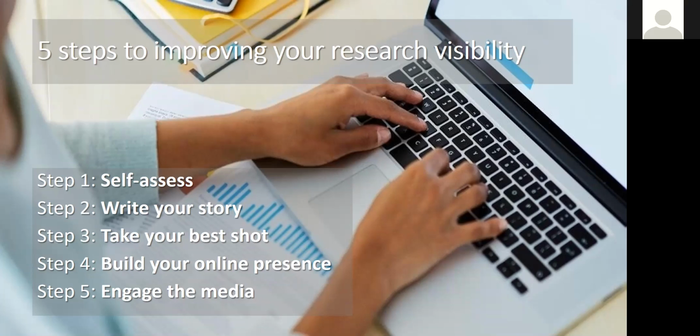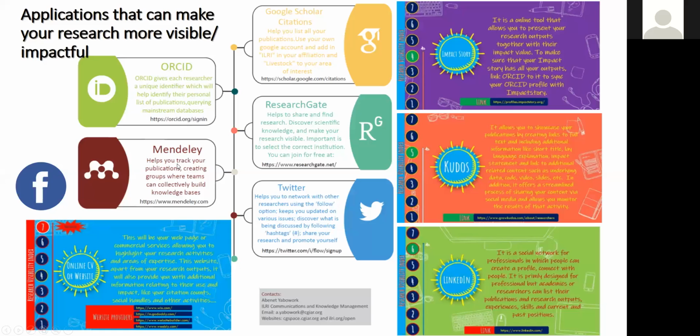So this is one of the key ways for you to promote your research. By making your research visible and accessible to the world, you have high chances of being noticed. Your work may be referred, which will increase the impact, and ultimately it will increase your own reputation. If you see on this screen here, there are a lot of applications out there. I'm not going to go through all. I'm sure you are aware of some of these, or you may not be aware of some of them.